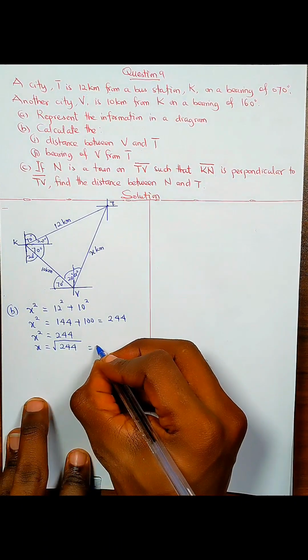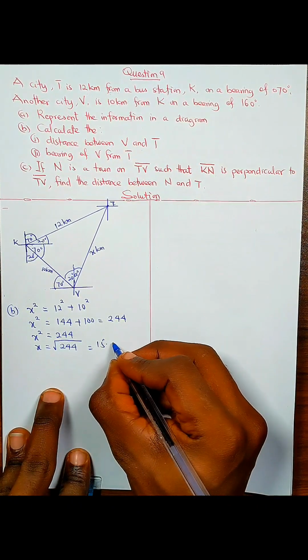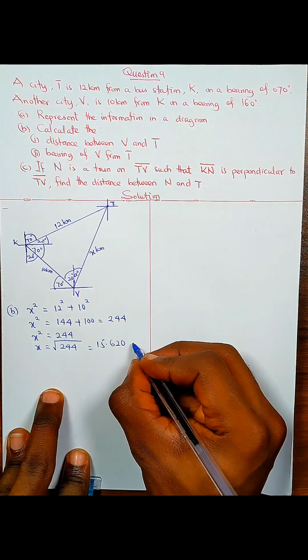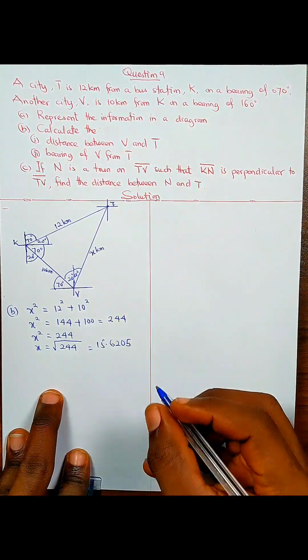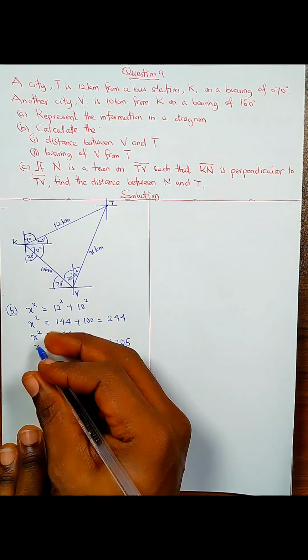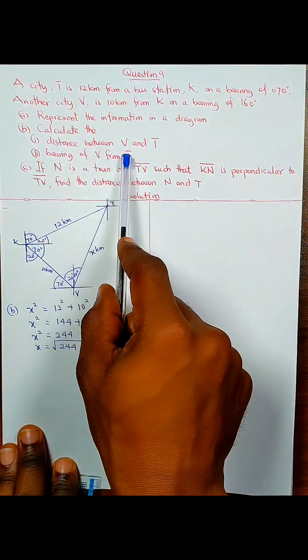So x is going to give us the square root of 244. Square root of 244 is giving us 15.620. I've taken it to 4 decimal places. Okay. Then did it ask us for any decimal?